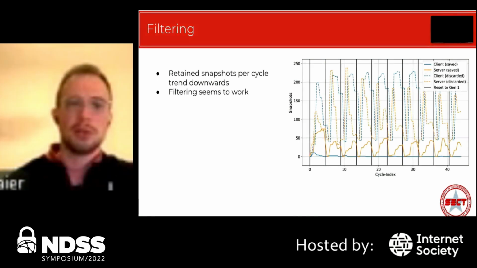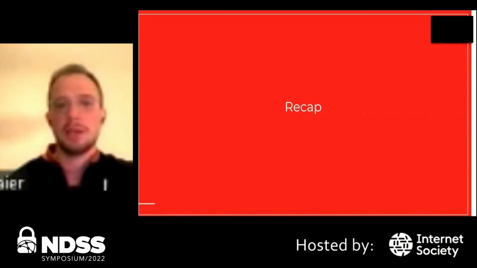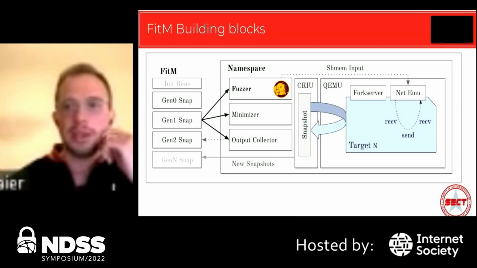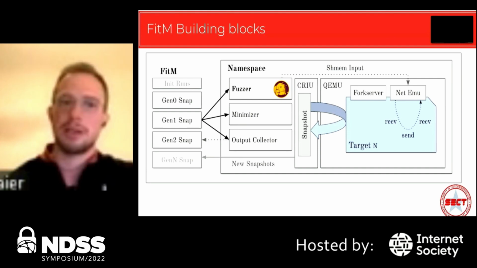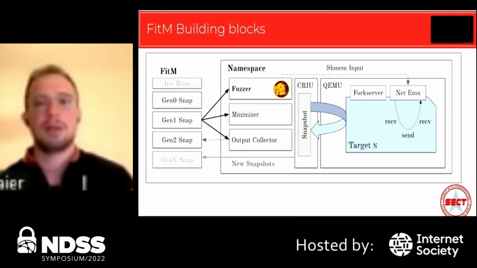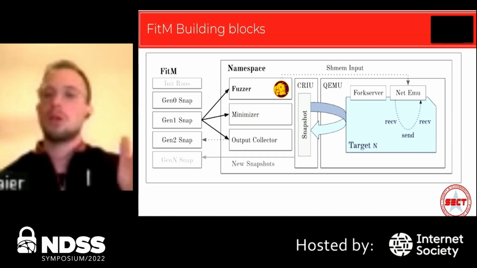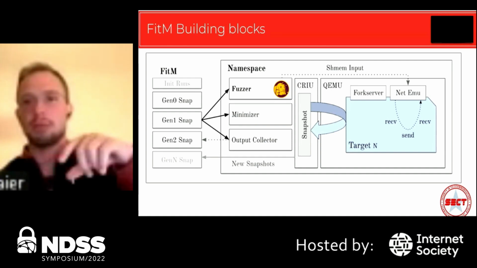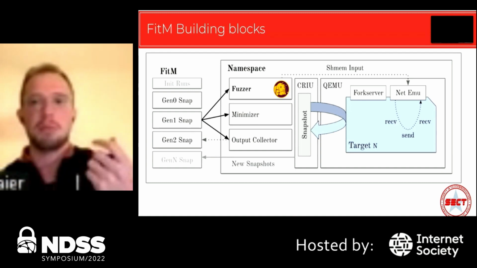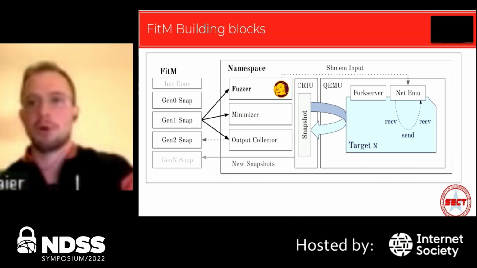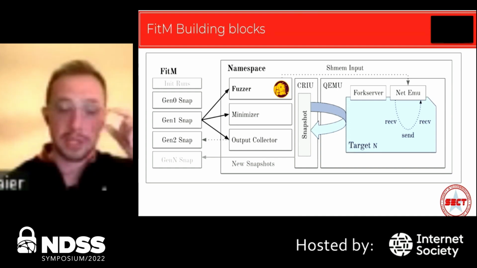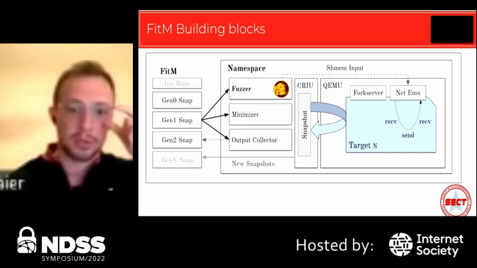So to recap the whole thing, these are again the building blocks of our fuzzer. We have FitM that takes snapshots and is able to restore them. Each snapshot is restored into a namespace so that we can run multiple instances next to each other, because the server may expect some ports to be open, and also the process IDs on snapshot restore could collide.